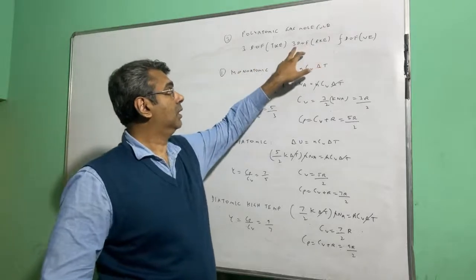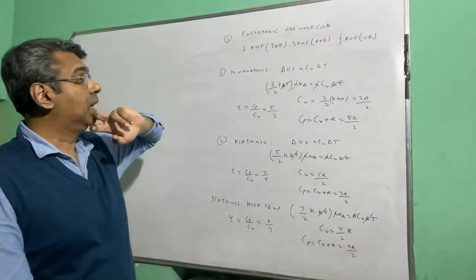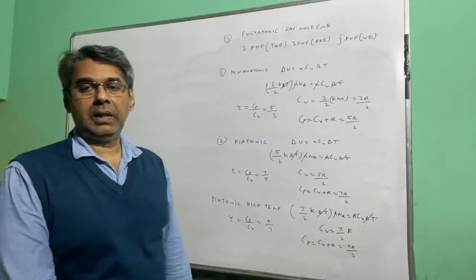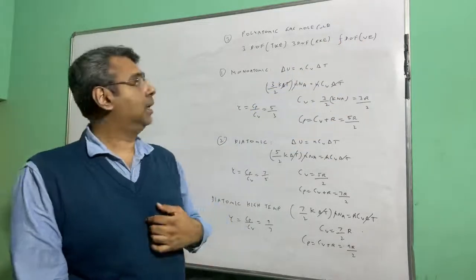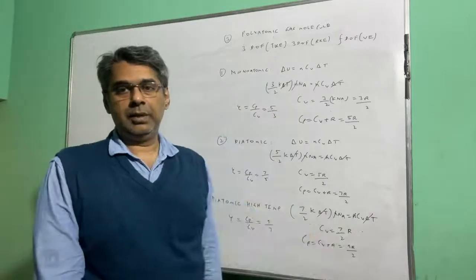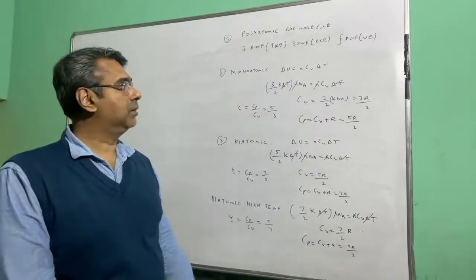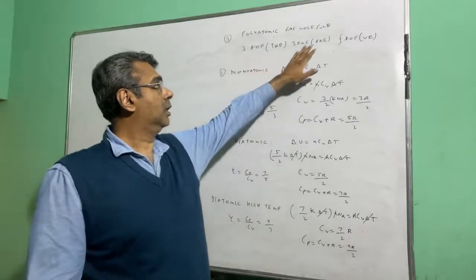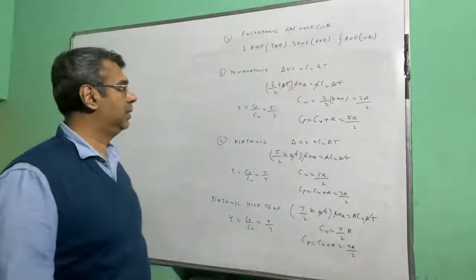For rotational kinetic energy we will take 3 degrees of freedom. And for vibrational we will take a figure f. So f will depend on the atomicity of the molecule. So f is something we will keep as a variable. So translational 3, rotational 3, and vibrational we will keep as f.